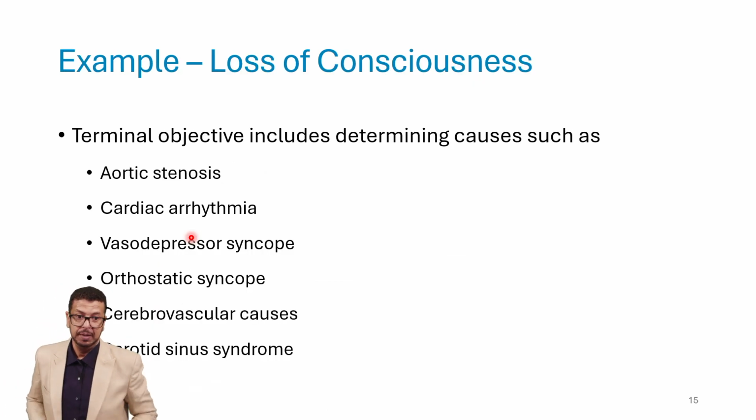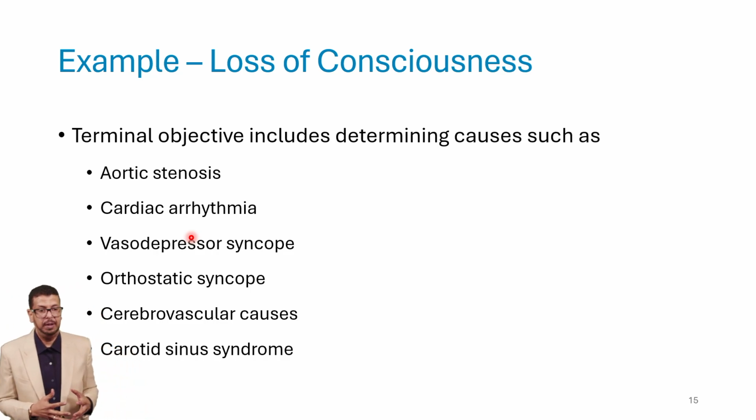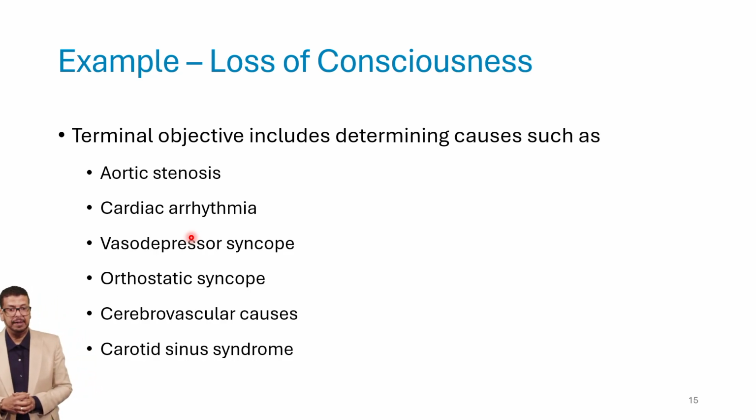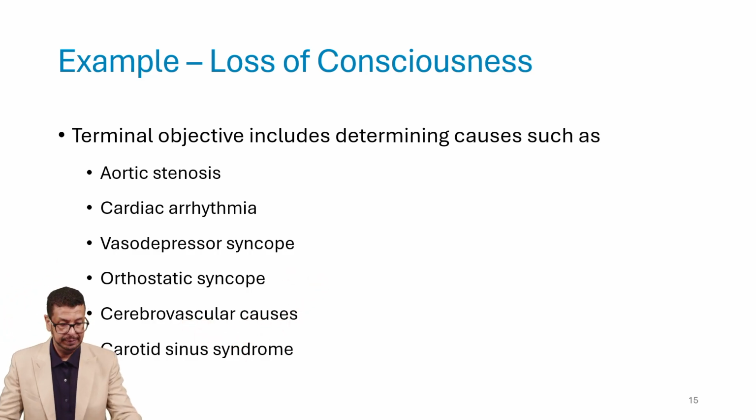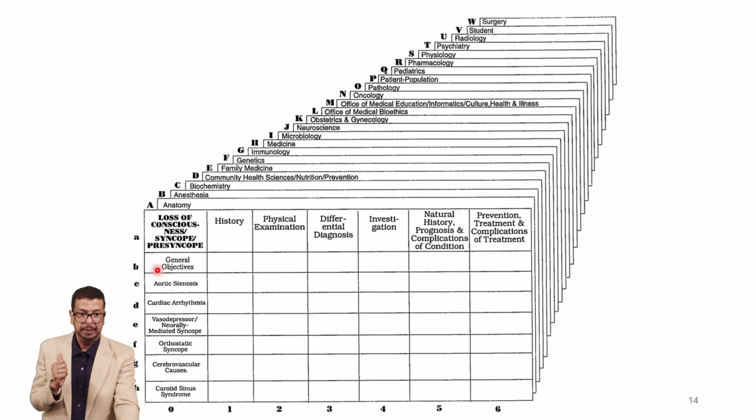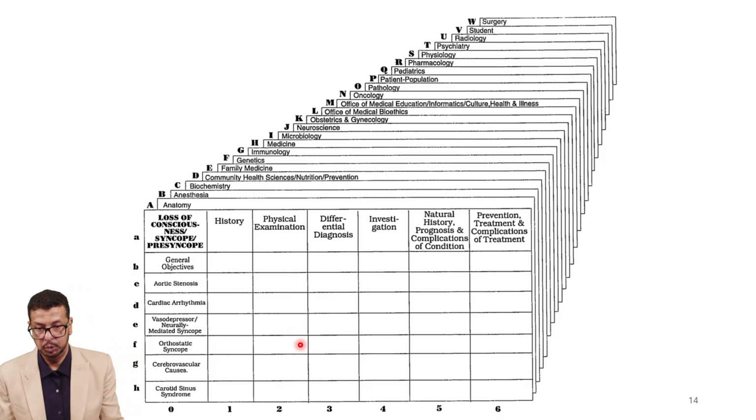For example, the differential includes aortic stenosis, cardiac arrhythmia, vasodepressor syncope, orthostatic syncope, cerebral causes, and carotid sinus syndrome. As you can see here, we then do this sort of mapping.